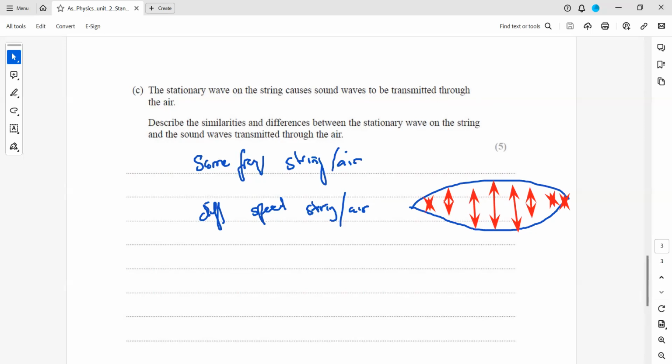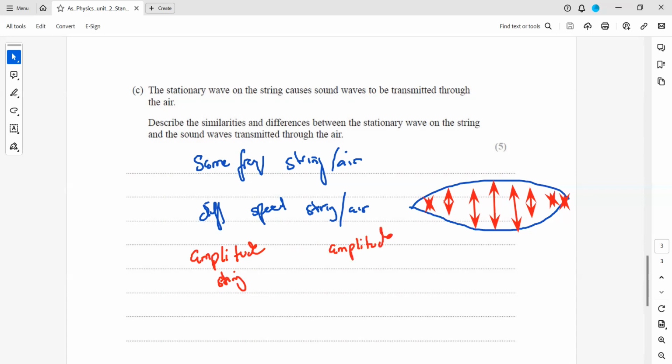The amplitude for a string will change, but the amplitude for the sound will be constant.